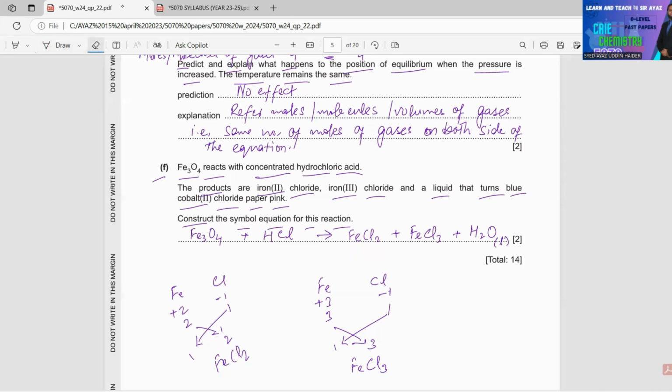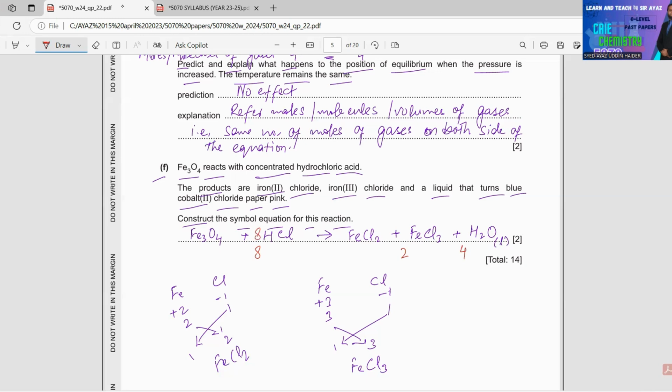Now what if I place 2 before FeCl3? Iron is balanced. What about Cl? 2 3s are 6, 6 plus 2 is 8. This looks possible if I place 8 before HCl and 4 before H2O. Yes, this looks correct to me.